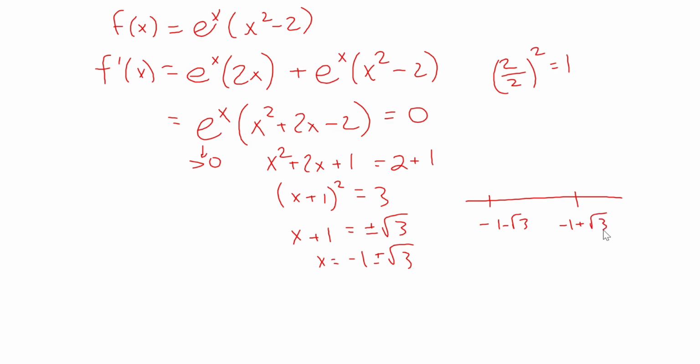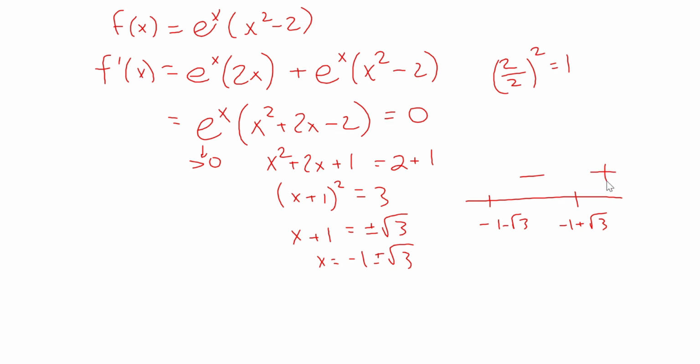Something between those two things to test into our derivative would be something like negative 1. So really we just care about is x squared plus 2x minus 2 positive or negative at negative 1, because we know e to the x is positive. So if we plug in negative 1 to that, we get negative 1 squared, which is 1, minus 2, which is going to be negative. If we plug in something more than negative 1 plus root 3, like a billion, we clearly get a positive times a positive.